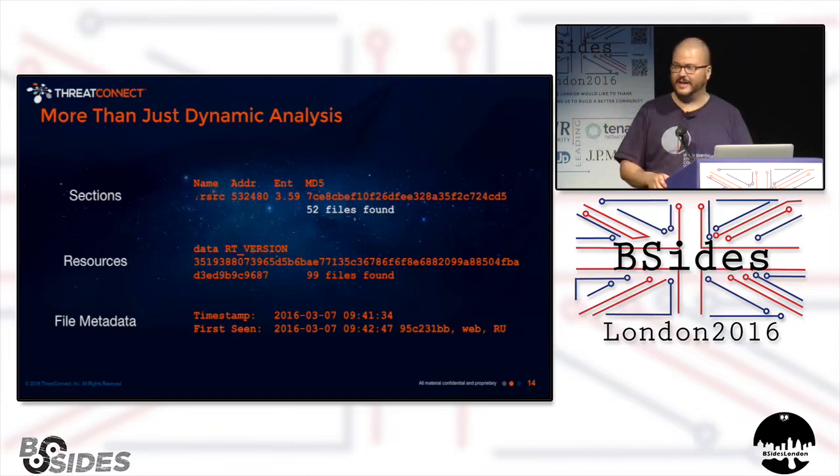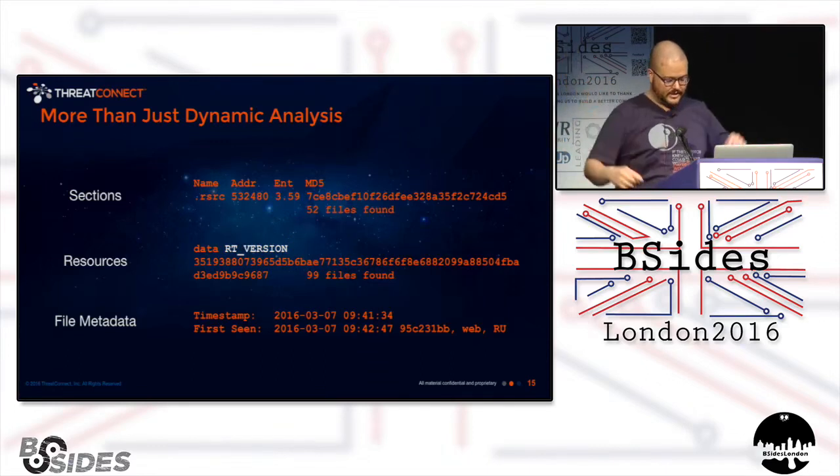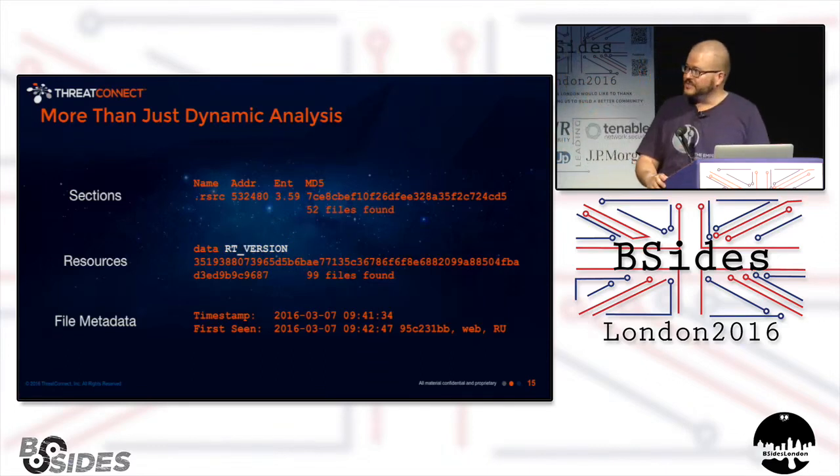So in the same way as sections, and I apologize, this one ran over, this is a SHA-256 under the RT version, and it ran to 2 lines, just very long. So this is a resource in the PE file, RT_version.